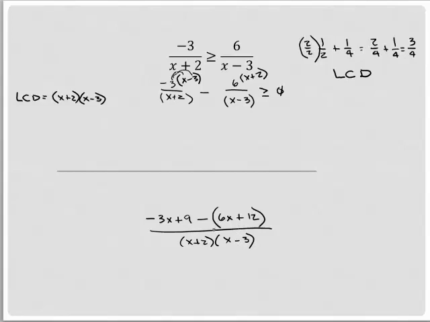Alright, we have some combining to do. This negative distributes inside, so we have a negative 6x and a negative 12. So what do we end up with there? Negative 9x, and 9 minus 12 is negative 3.